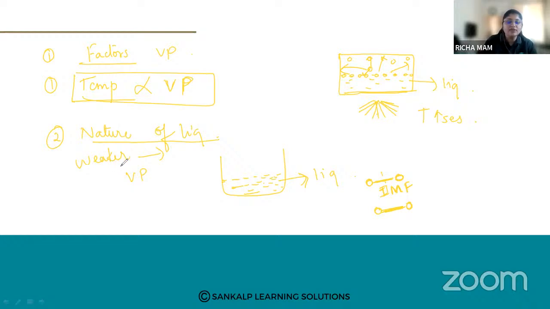Now, if the intermolecular forces are weaker, what will happen to vapor pressure? Will it be more or less? The vapor pressure will be more. Yes, good. Yamuna has answered it.